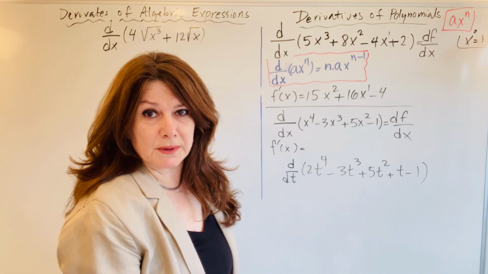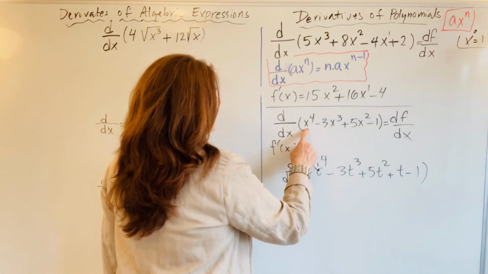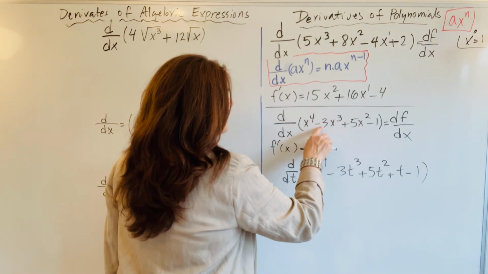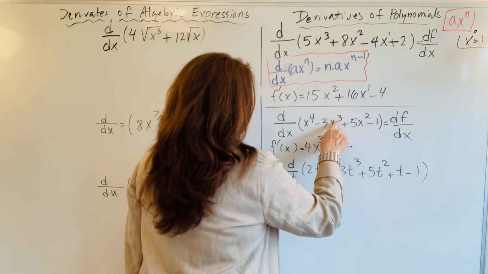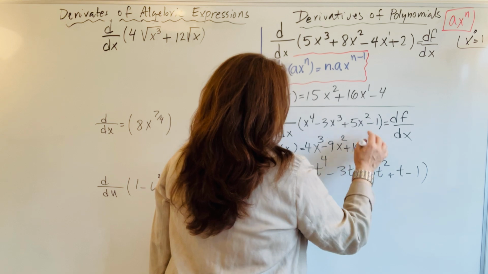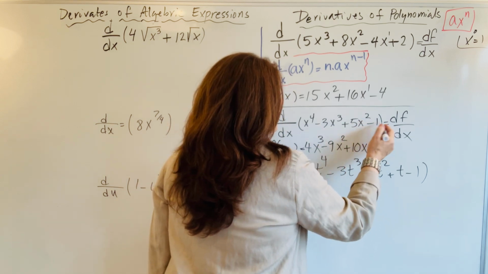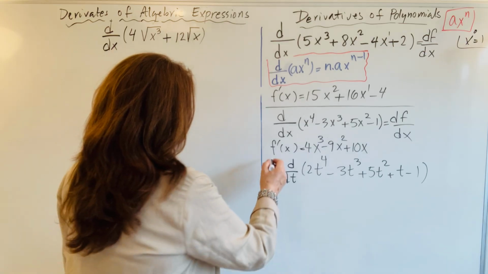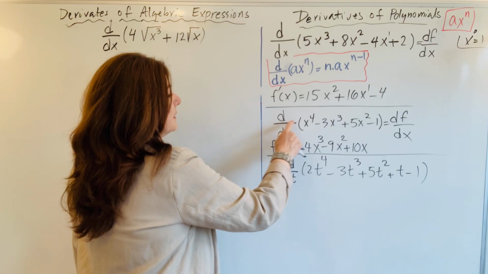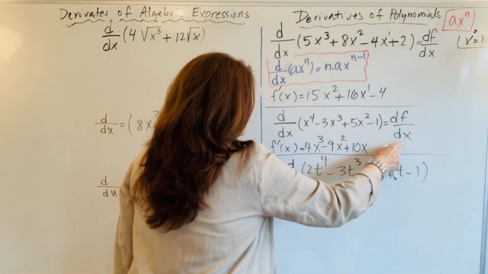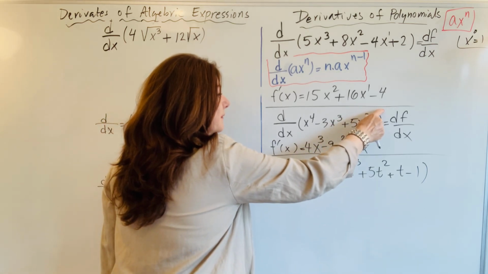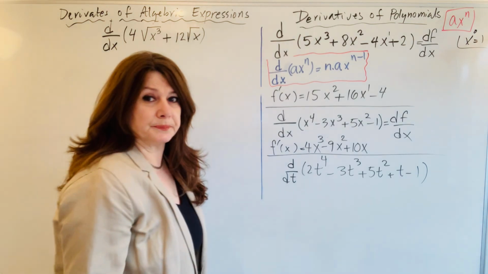Don't be confused about this. f prime of x is what? 4 times 1 gets 4x to the 3. 3 times negative 3, negative 9, x to the second. 2 times 5, plus 10 x to the 1. And negative 1: the 1 is nothing, it just disappears. The final answer is f prime of x, or d over dx, or df over dx, which means the derivative of this one gets this. We don't have any exponent here.